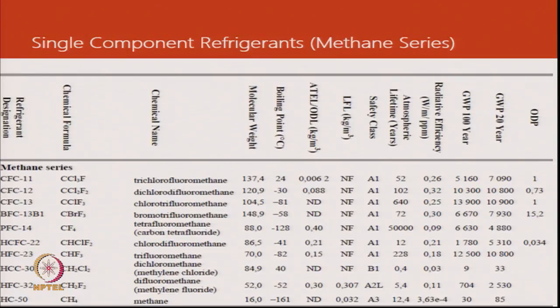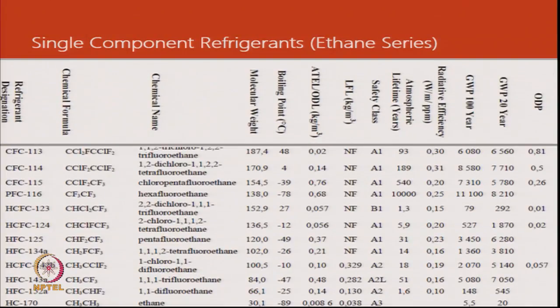So this was the methane series, and then we have the ethane series. Ethane would mean 2 carbon atoms and then different molecules around how many fluorine, chlorine and hydrogen atoms are there. And notable here is HFC 134A, which is a replacement for R12 and has been used in domestic refrigerators.